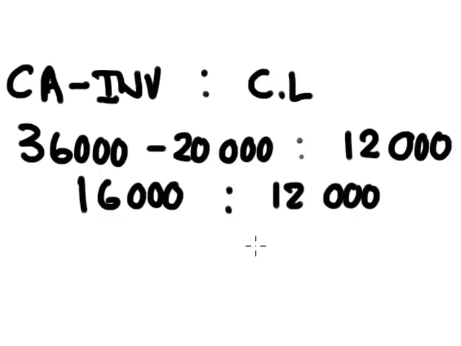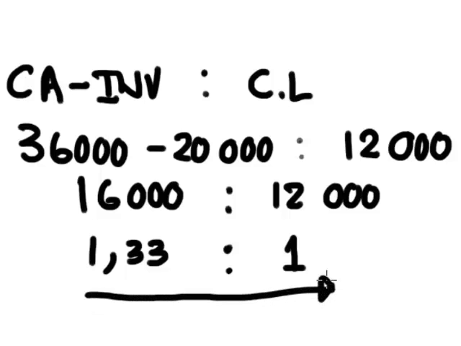Remember, we want to express this as something is to 1, and in order to do that, you divide both sides by 12,000. You are left with an answer of 1,33 is to 1.